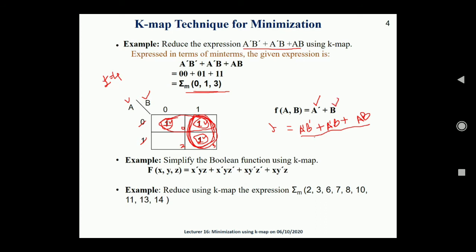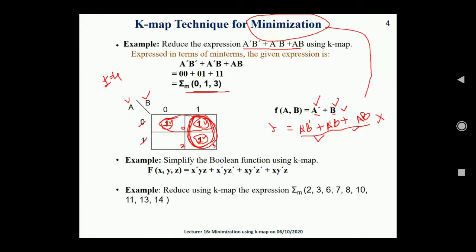Now this is also correct. But we are using the K-map for minimization purposes. This expression is also correct, but when we talk about the minimized concept, this one is wrong. Why? Because in the above expression we use only 2 terms, but here we use 3 terms.